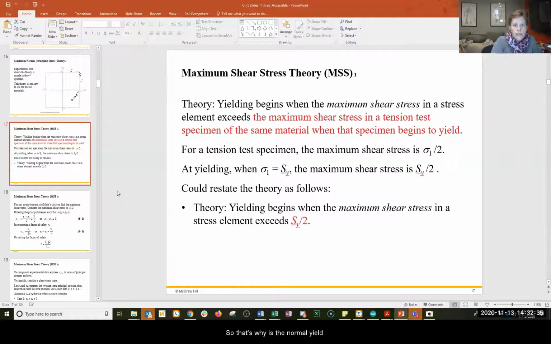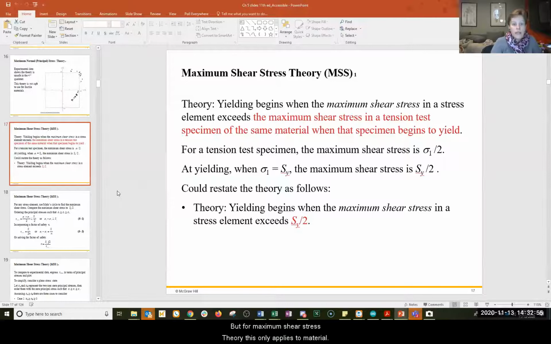So SY is the normal yield strength, right? SY is in the axial direction. Is that generally in tension or in compression? Or the same? What we are talking about, it's the same. Okay. It is not the same for all materials.